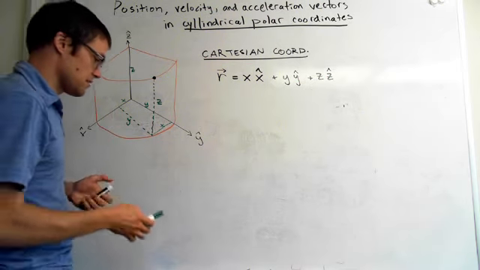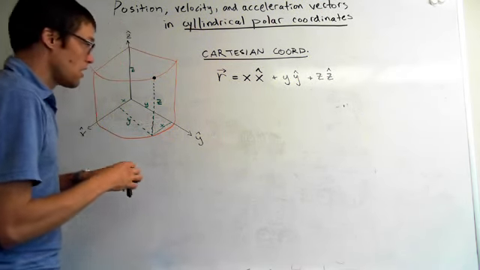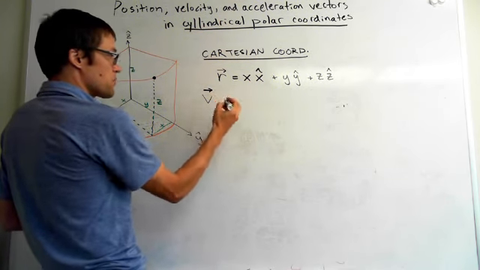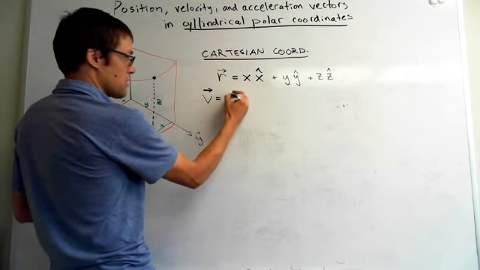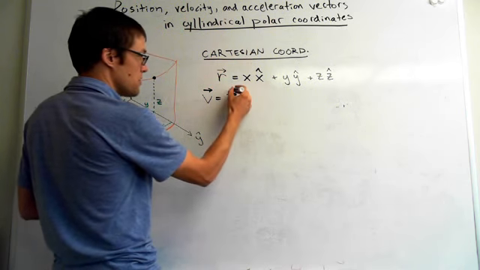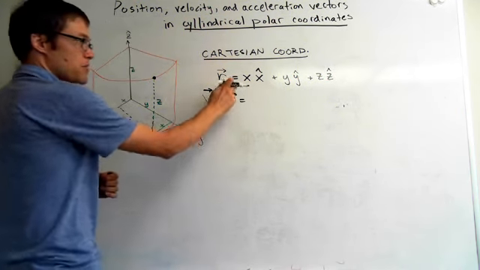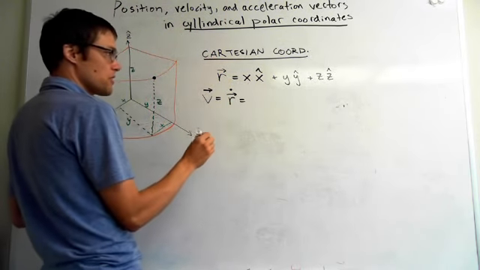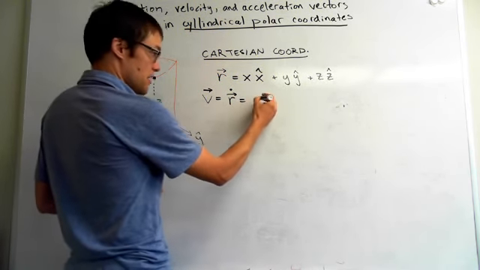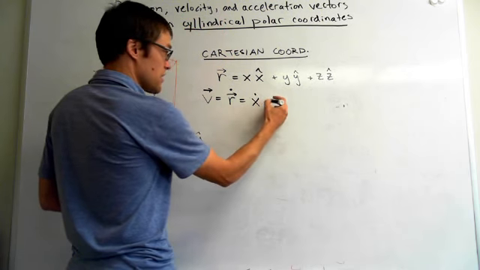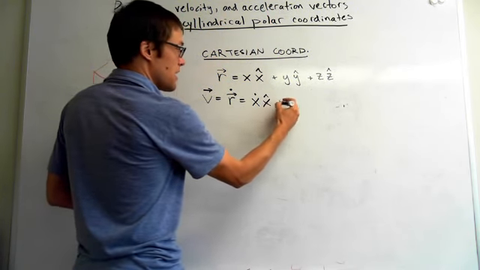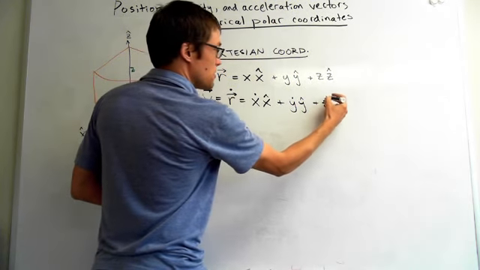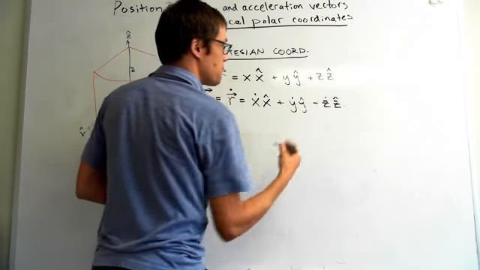Now, if we're interested in writing down the velocity, then in the Cartesian system this is just taking one time derivative of the position vector. Time derivatives in this course I'll often denote with a dot. One single dot is one single time derivative of r, and as you know, that's just x dot x hat plus y dot y hat plus z dot z hat.